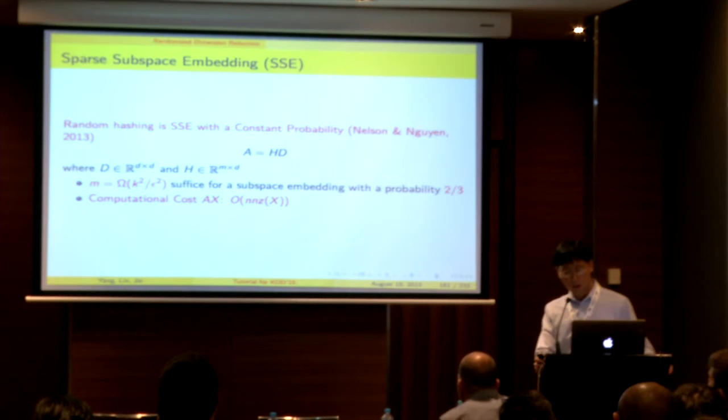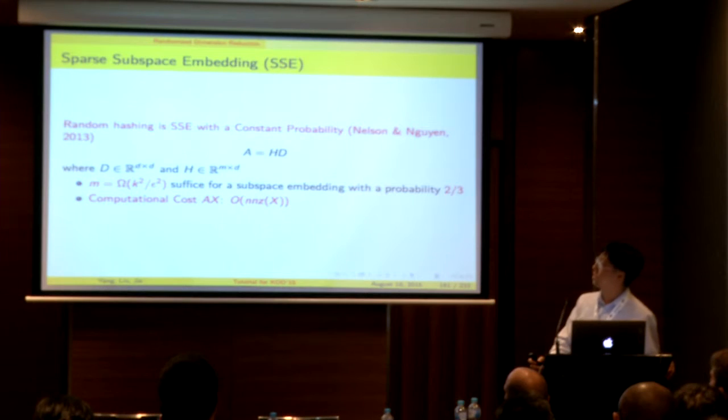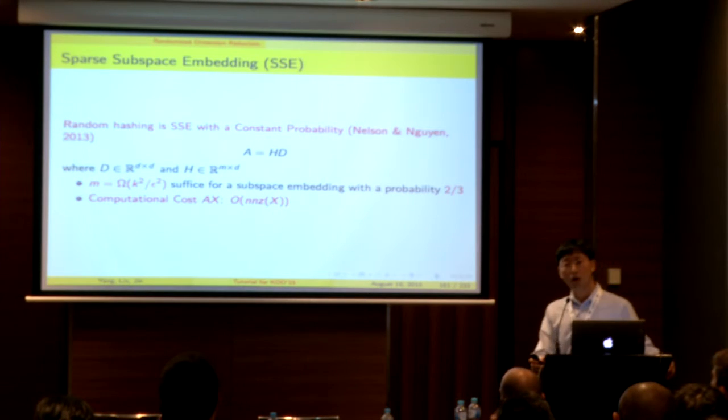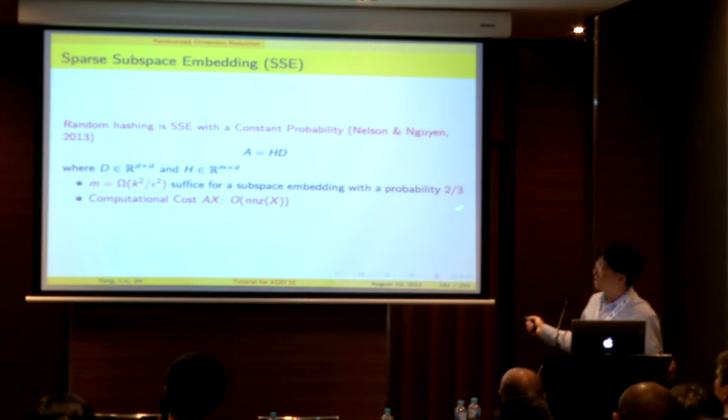Previously I mentioned that random hashing is technically not a JL transform, and does not satisfy the JL lemma. But actually in this paper, they also show that random hashing is a subspace embedding with constant probability. So if you choose the reduced dimension to be of this order, k squared divided by epsilon squared, it is guaranteed that with this probability, the resulting A matrix here is a subspace embedding.